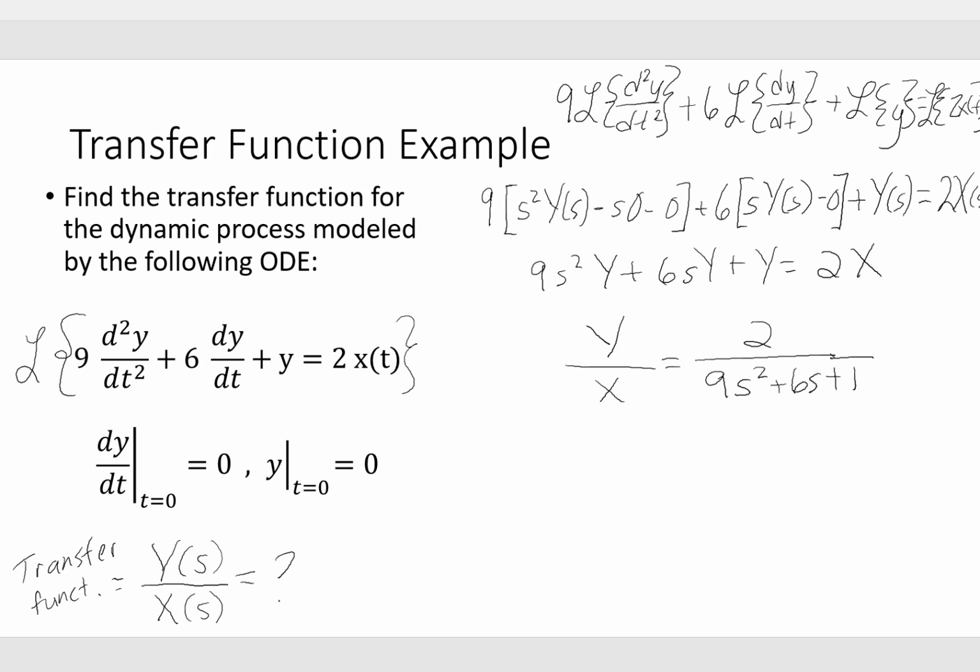Very interesting. So that's actually representative of a second order transfer function. A second order transfer function takes on a familiar form. It looks like this: K over tau squared s squared plus 2 tau zeta s plus 1.